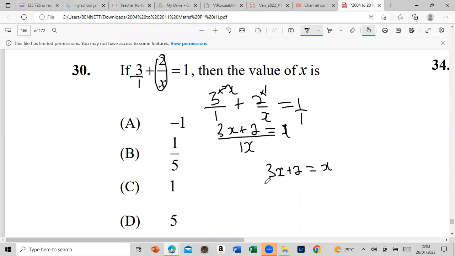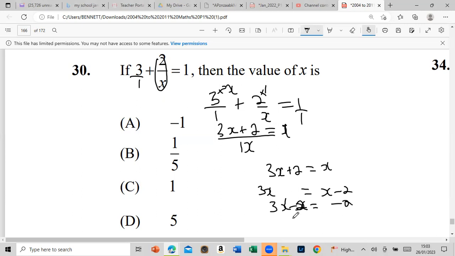Alright, so guess what? We'll say 3x. Get rid of the positive 2 here by subtracting 2. And then we go over the x here, so it's going to be 3x minus x equal negative 2.